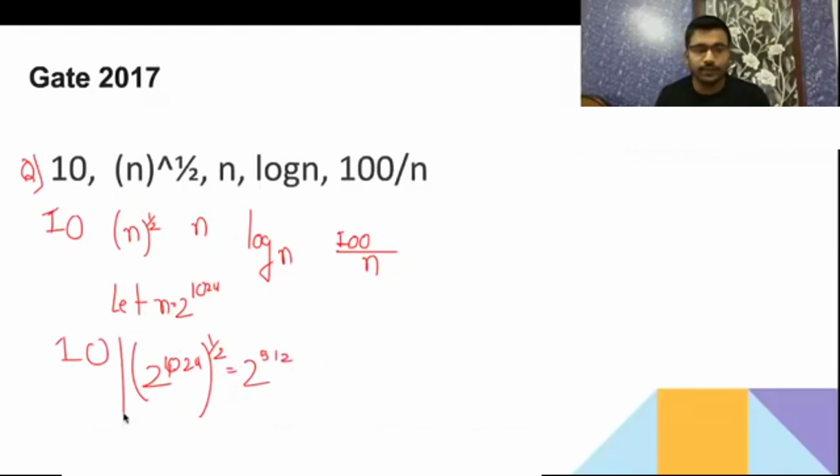Here you are going to get n equal to 2 to the power 1024, then log of that is going to be 2 to the power 10, so this will come as log of that, and here it will be 100 divided by 2 to the power 1024.